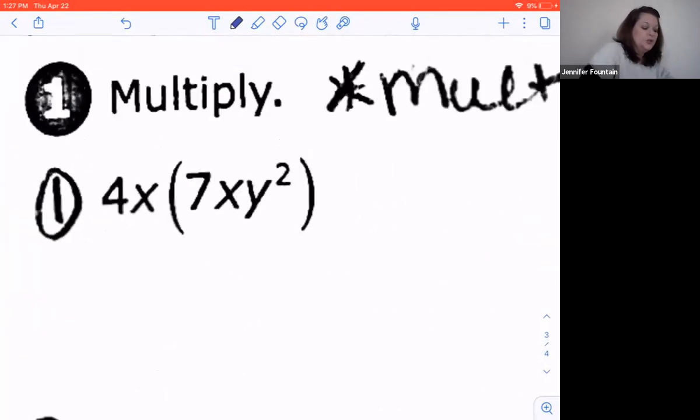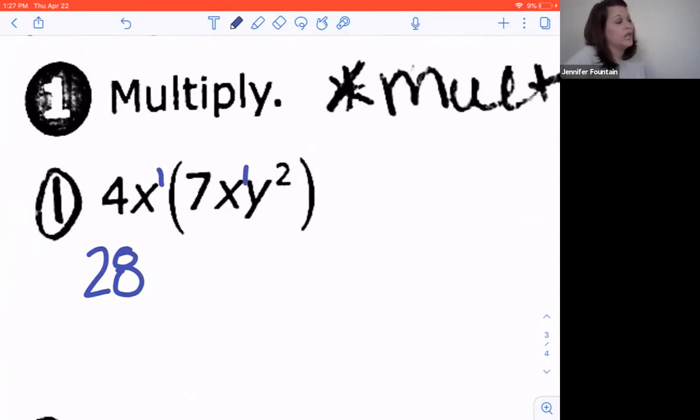The first thing I'm going to do is multiply my numbers. So I'm going to multiply 4 times 7. 4 times 7 is 28. Now I have x and x being multiplied together. And remember, this is like x to the first and this is x to the first. So these are like variables. They're both x's. So I add the exponents. 1 plus 1 is 2.